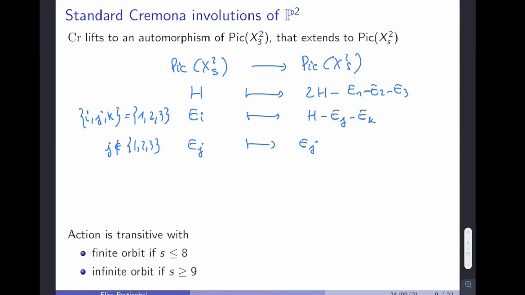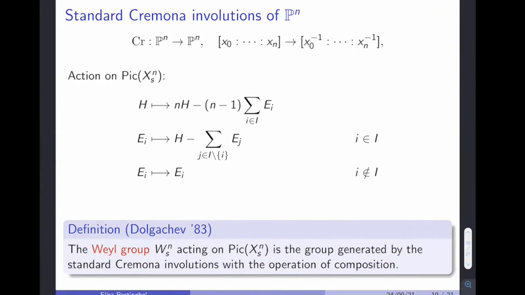So this is for P2, but the same identical thing happens in Pn. It's easy to imagine how this standard Cremona transformation is defined in Pn. Simply add more variables. And the action on the Picard group is similar, so it is written here.